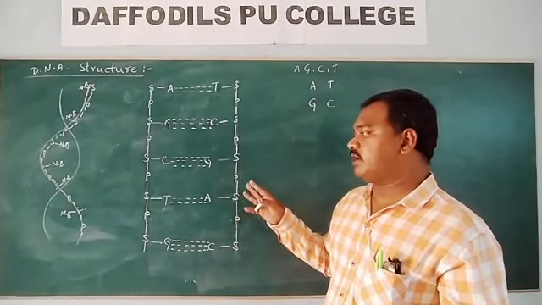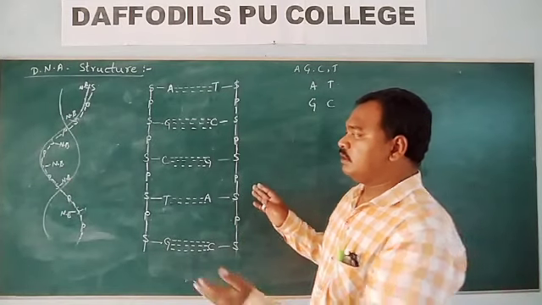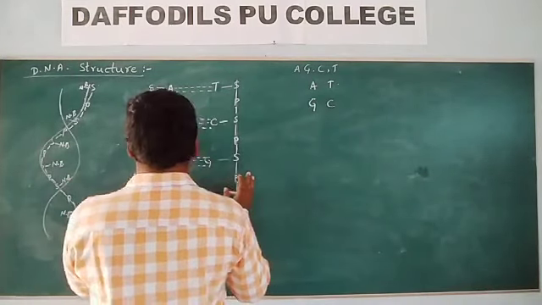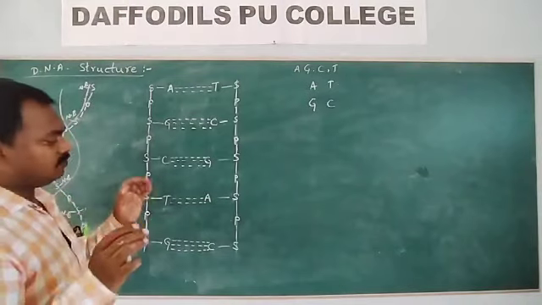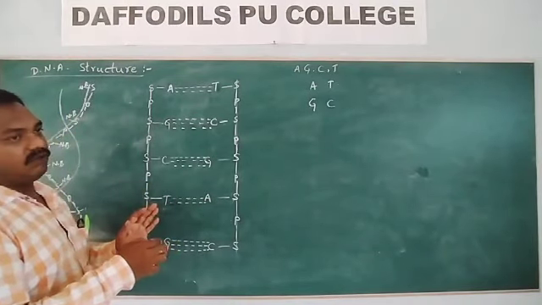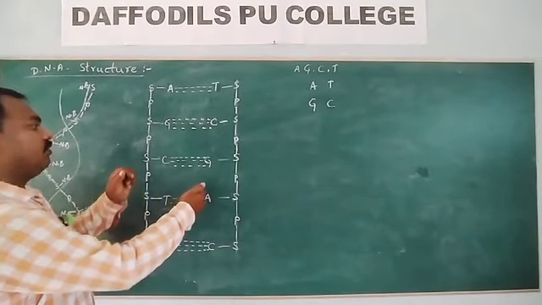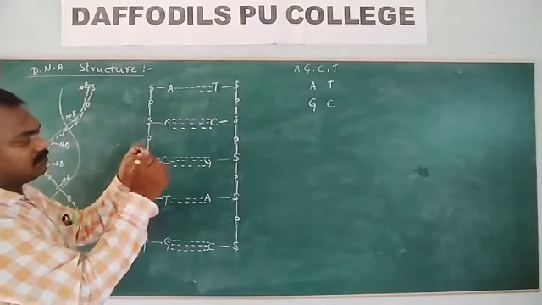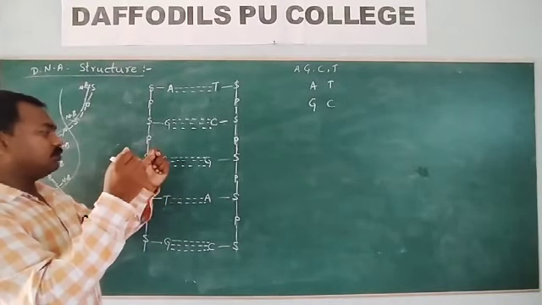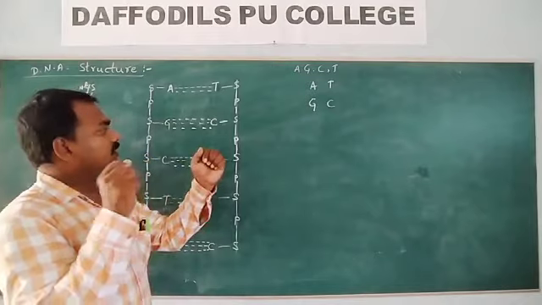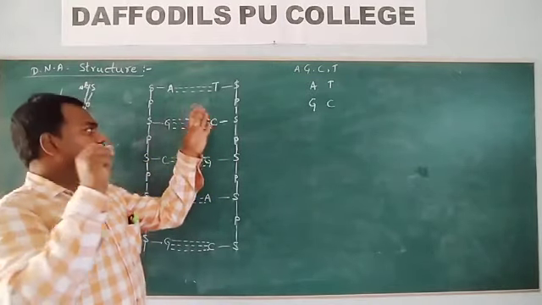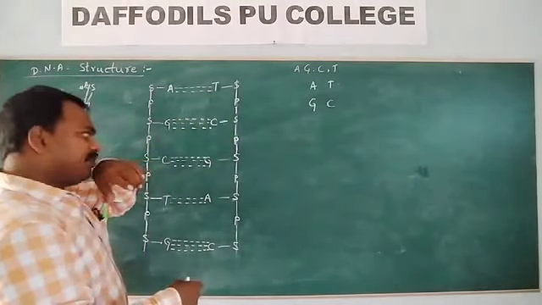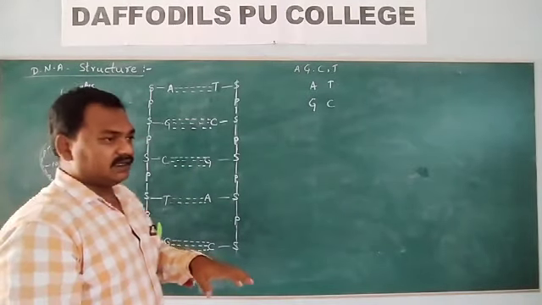After formation of all these hydrogen bondings, these two strands of DNA are going to become helical, that is, they are going to twist. In what direction is this going to twist? In the right hand direction. Suppose you consider this as a ladder.